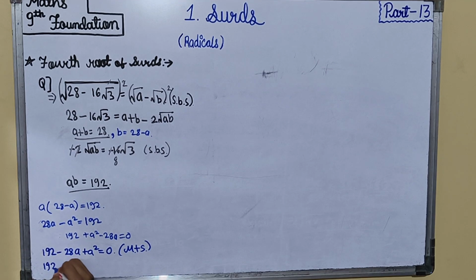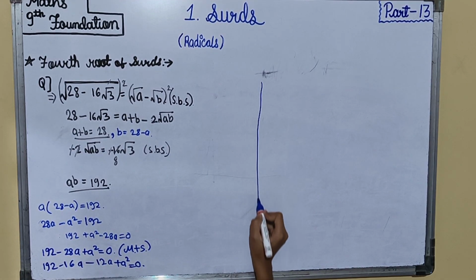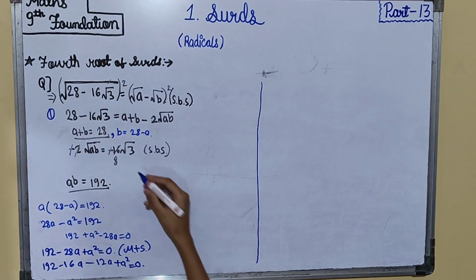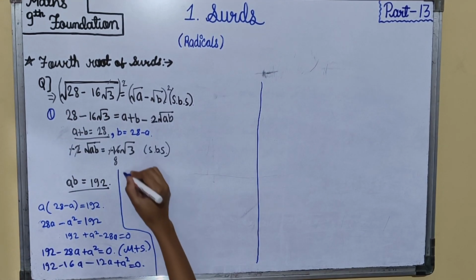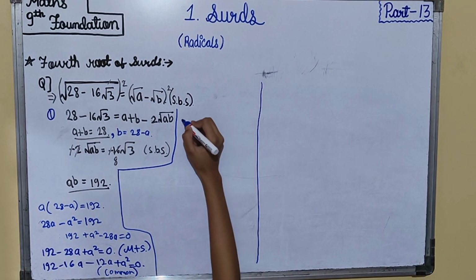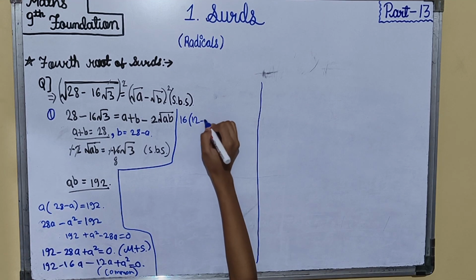So 192 minus 16a minus 12a plus a square is equal to 0. Now we'll take common out of this. So we'll take 16 as common, so we'll get 12 minus a.